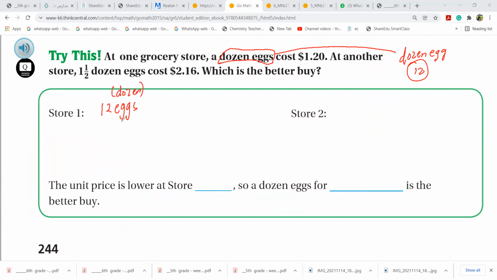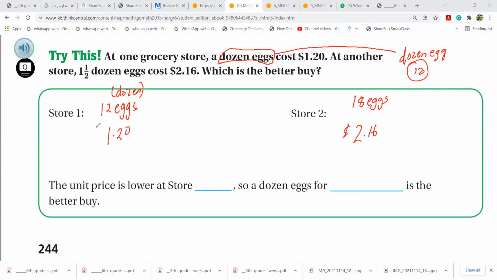Dozen means 12. I'll just write there. 12 eggs cost $1.20. And in another store, you have 18 eggs because 1.5 dozen means 18 eggs. 12 plus 6 cost $2.16.